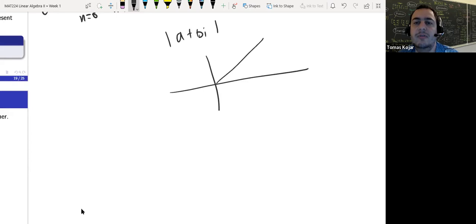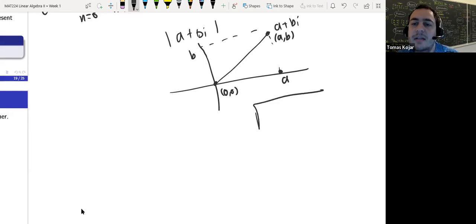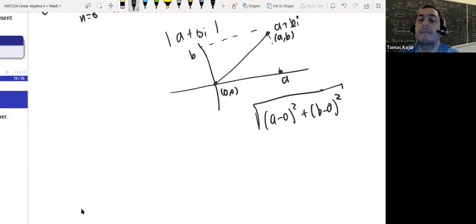So it falls somewhere over here, a plus bi. You look at the coefficients. So this is a and this is b, and you're looking for the distance from (0,0) to (a,b). And this is just the square root of (a minus 0) squared plus (b minus 0) squared. So we look at the coefficient of i. Okay, all right.